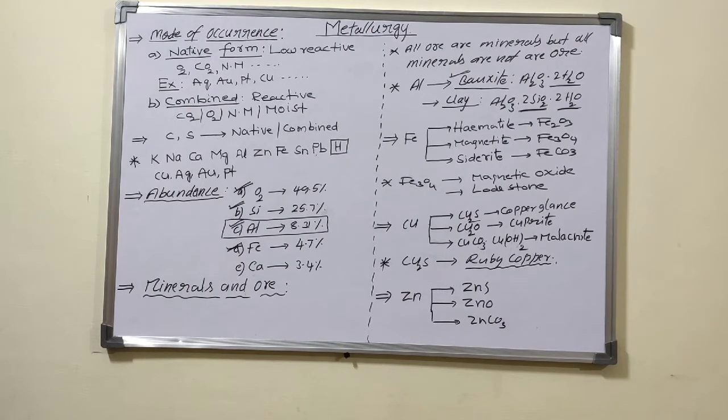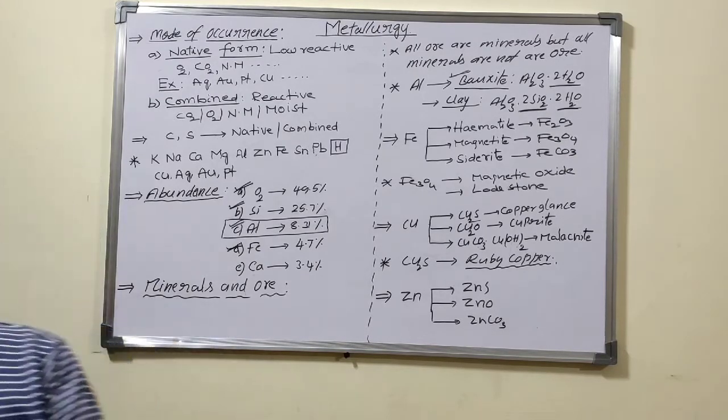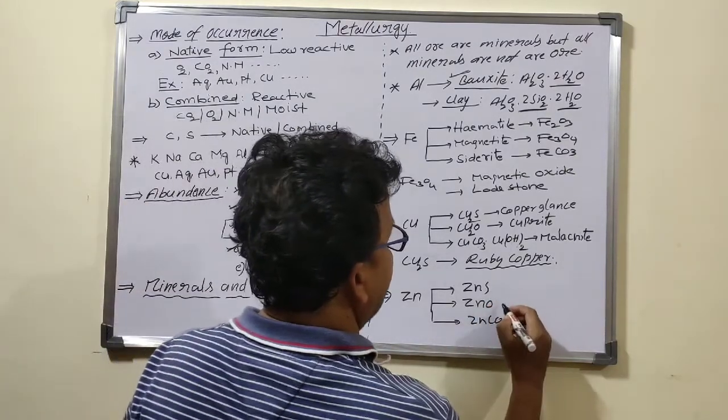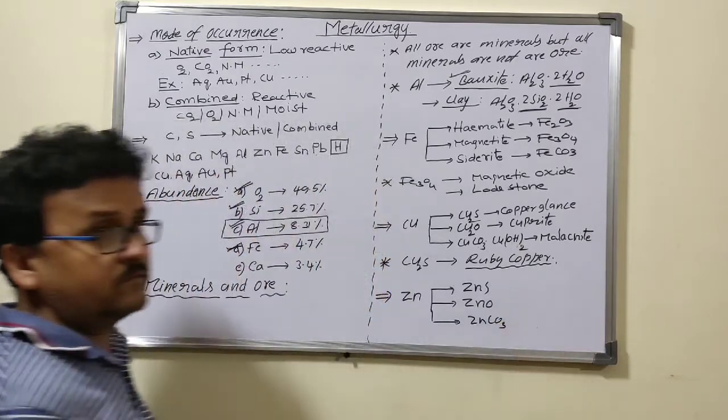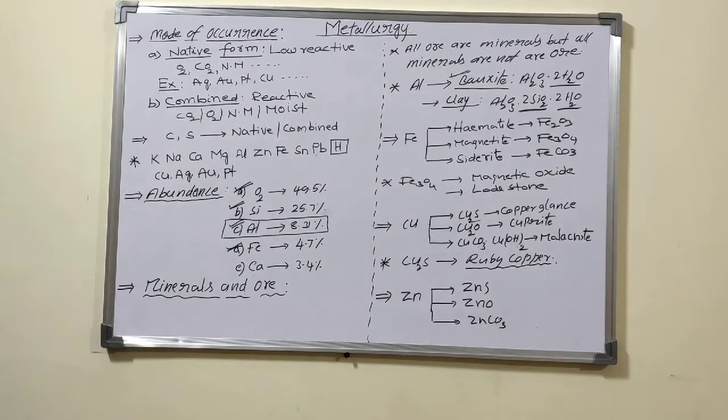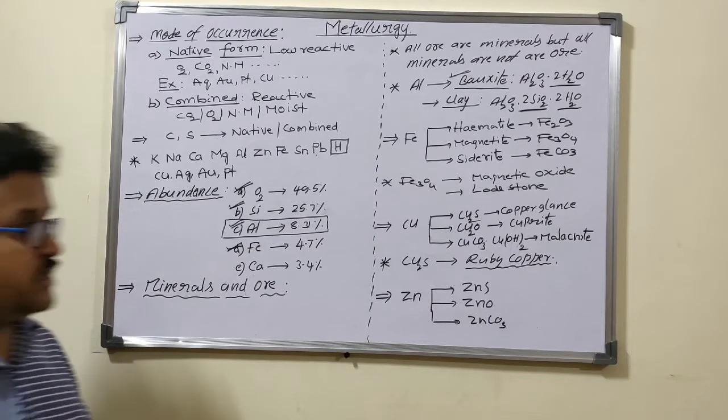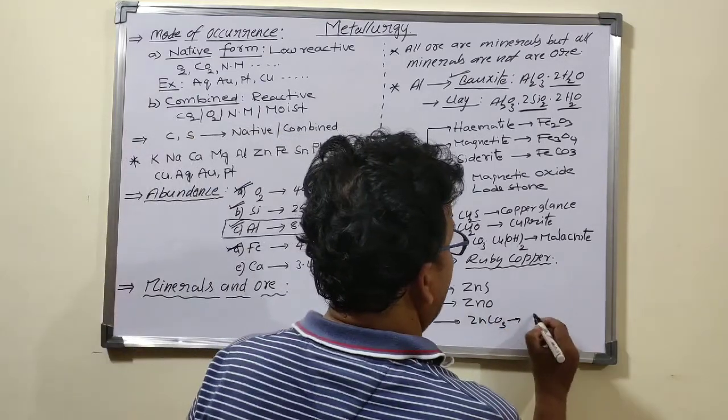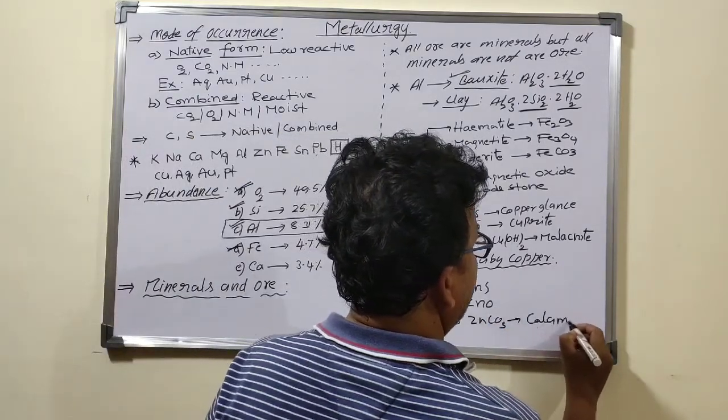A very important mineral here is zinc carbonate, which we are calling calamine. Which zinc ore do we call calamine? Zinc carbonate is called calamine.